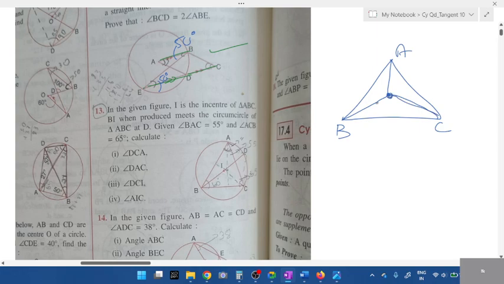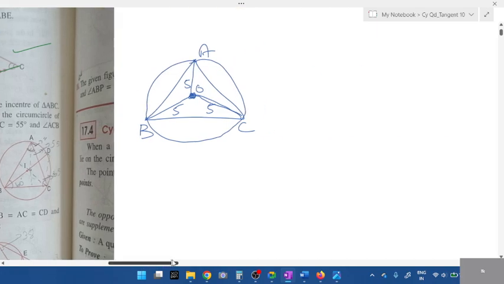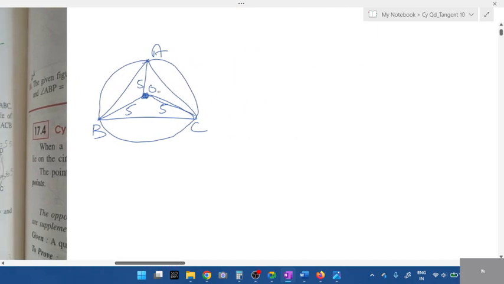So from a vertex, if I draw a line, it's a separate concept. Just ignore this. OB will be 5 centimeter, OC will be 5, OA will be 5. This is incenter O. If I draw a circle on top of this, you can't assume it to be the center for the circle. The center can be elsewhere, like this.